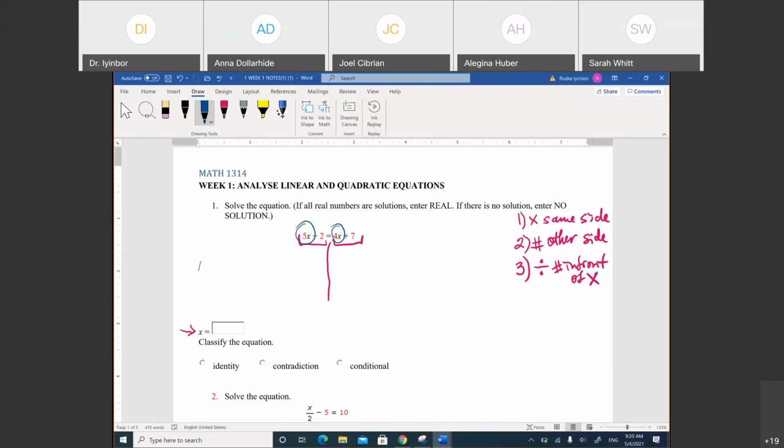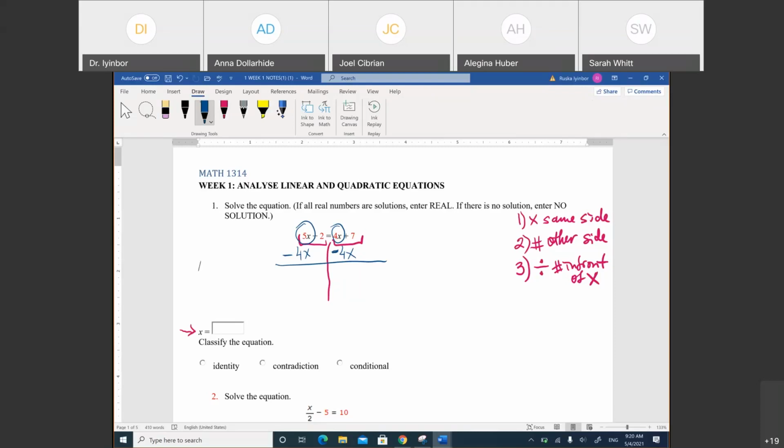So I'm gonna move 4x, so I'm gonna subtract 4x. I'm gonna do opposite. This is positive 4x, so that's why you have to do negative 4x. So I'm gonna subtract 4x in both sides. So minus 4x, and you have to do it in both sides because it's a balance. You have equals in the middle, which means you have to keep the balance, right?